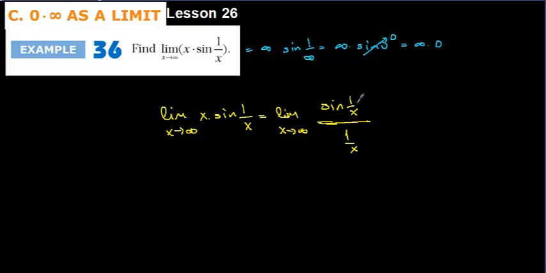Now it is the 0 over 0 indeterminate form, because when x tends to infinity, this is sine 1 over infinity over 1 over infinity, 0 over 0.